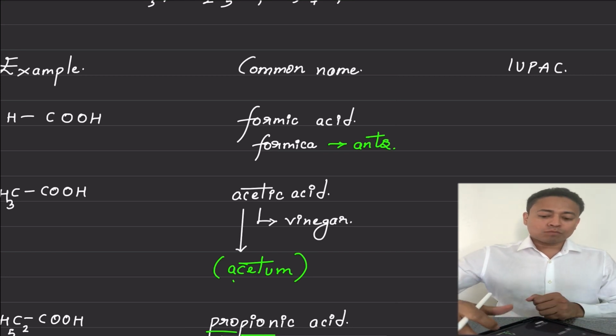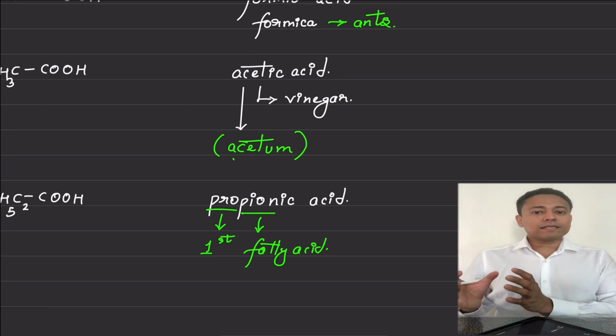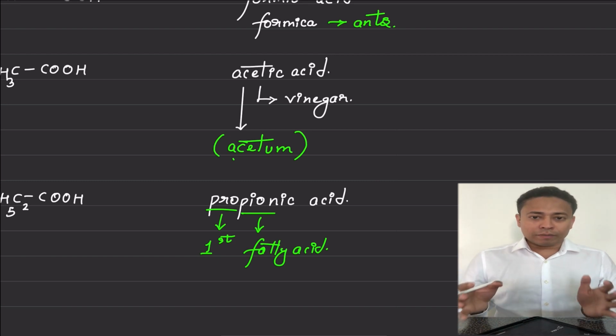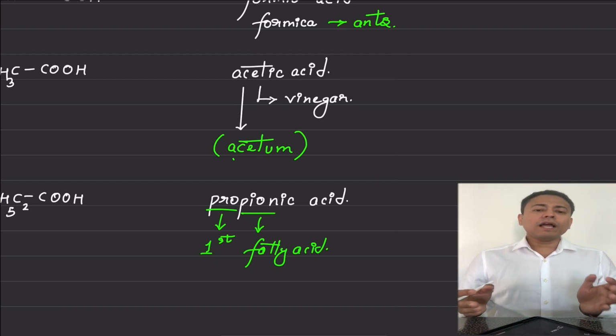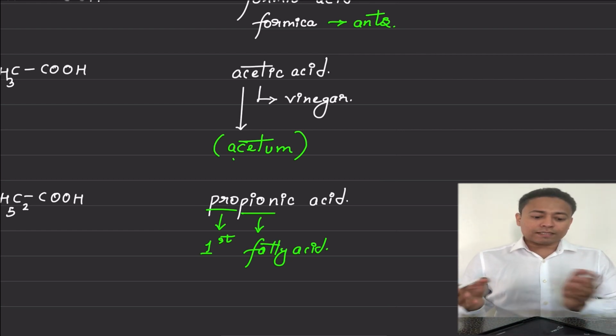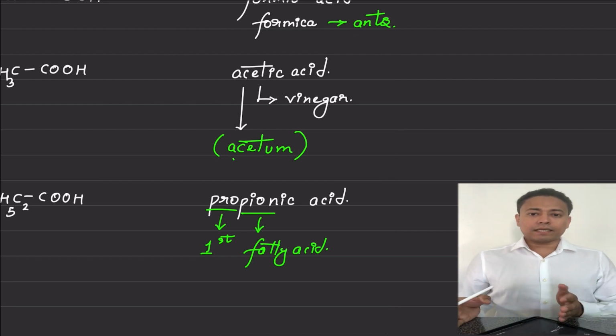Similarly, the 2 carbon atom carboxylic acid is obtained as a byproduct during preparation of alcohol. Alcohols are prepared by fermentation of fruits and grains, and a byproduct obtained is the 2 carbon atom carboxylic acid. Thus, it is termed acetic acid.